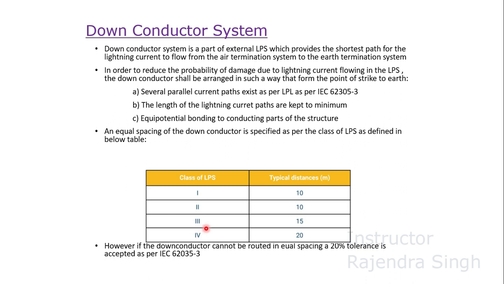If it's LPS class 3, then the distance becomes 15 meters, and finally for LPS 4, the distance between two down conductors goes to 20 meters. However, if the down conductor cannot be routed in equal spacing due to some constructional constraint, a 20% tolerance is accepted as mentioned in IEC 62305-3.